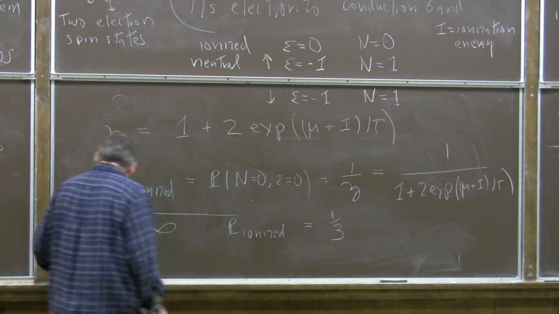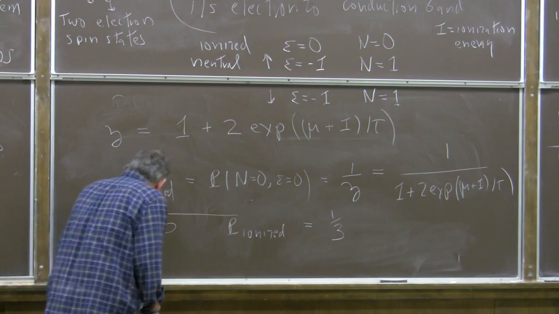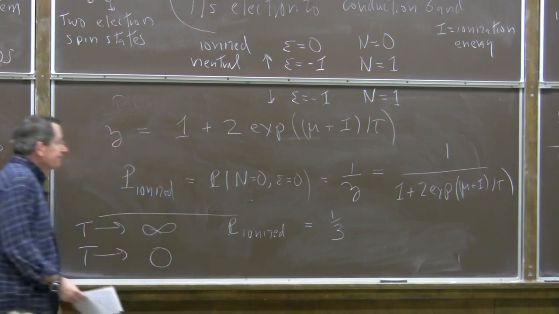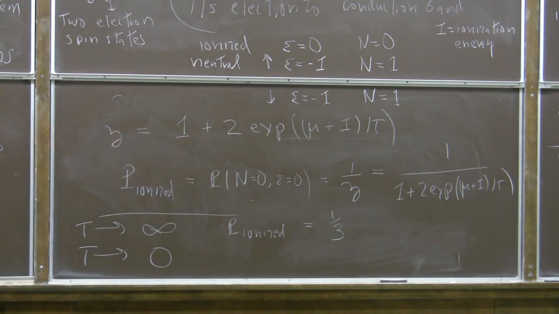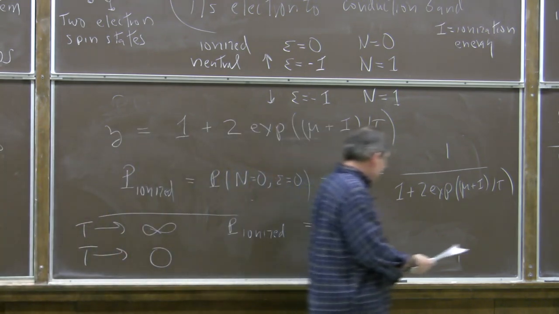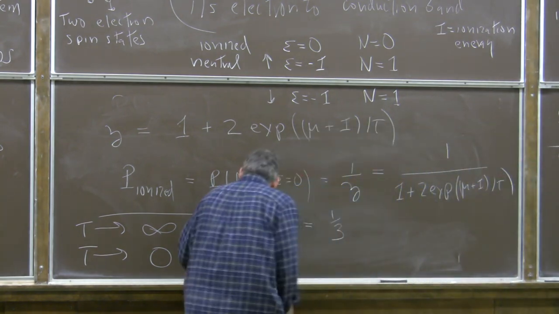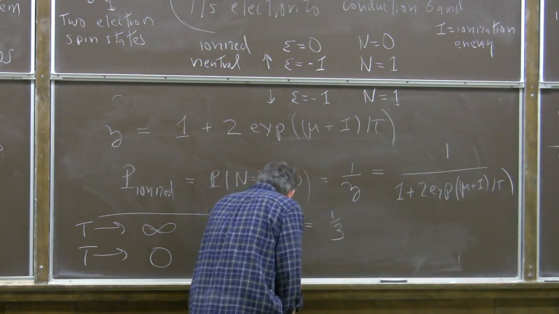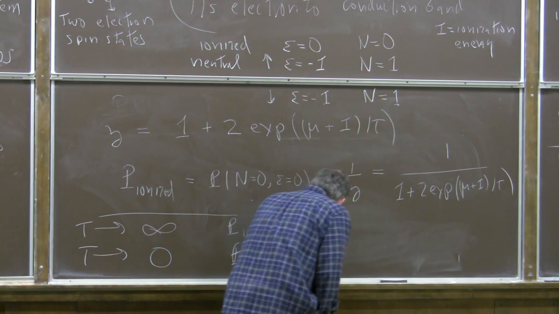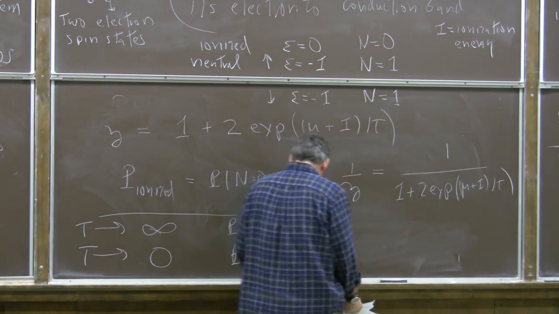And when we consider the temperature small, then as long as mu plus I is positive, the probability of being ionized will go to 0.